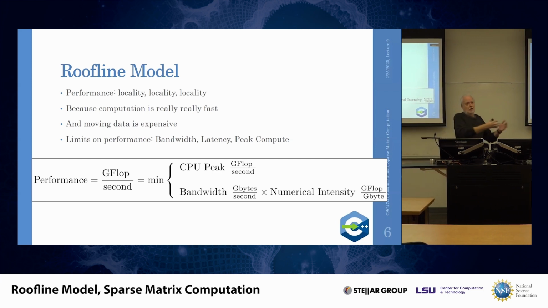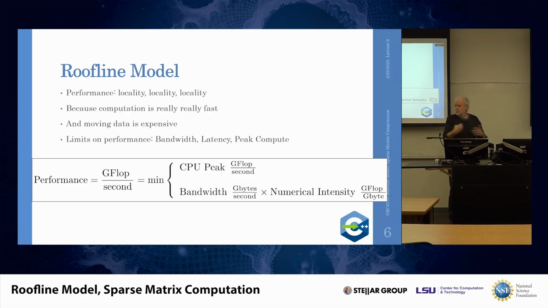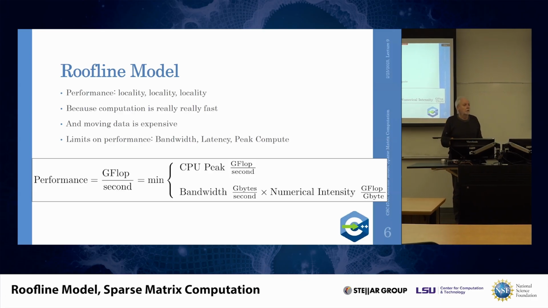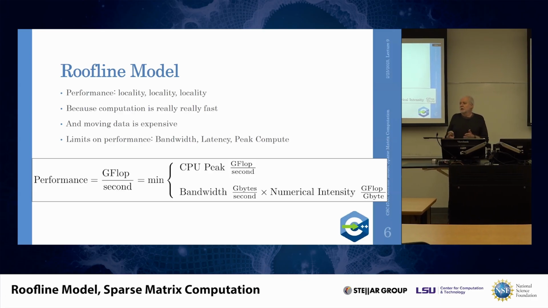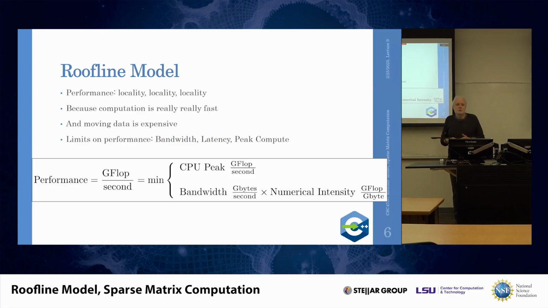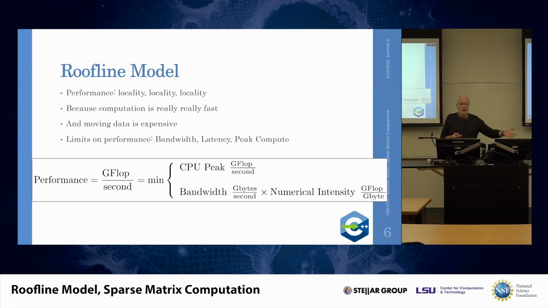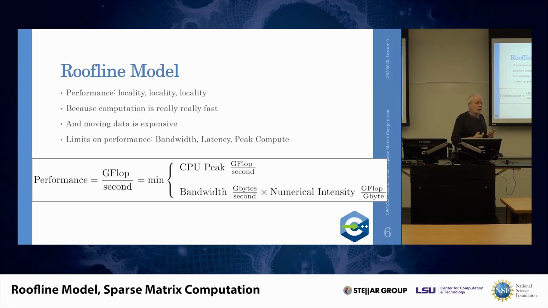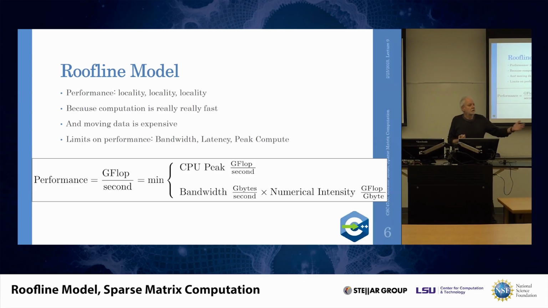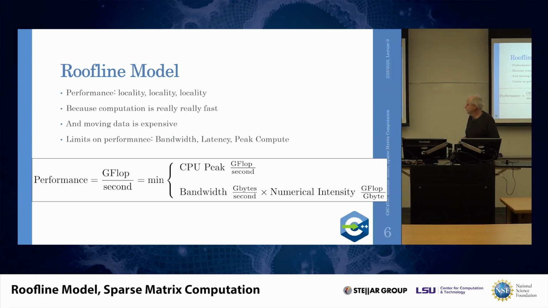And since you can move only so much data because of bandwidth limitations, you will not reach the peak performance anymore, because the core can't do as many floating point operations as theoretically possible, as there is not enough data available to do that.